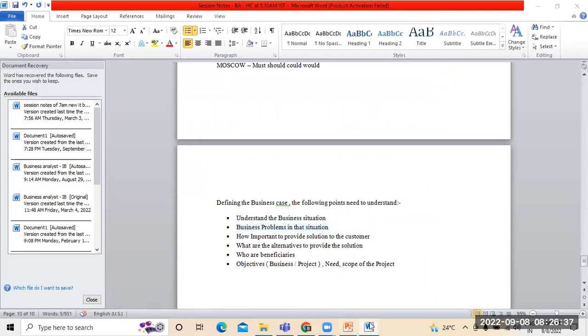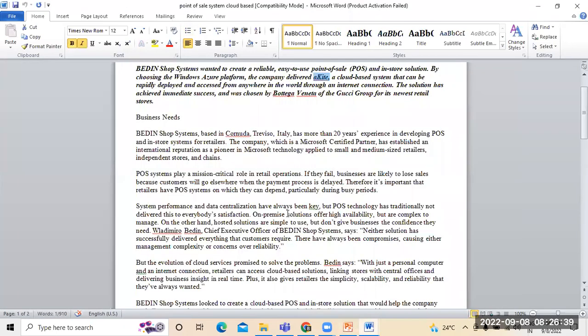If you want to study the business problems in the situation, in the case study, the third paragraph mentioned the information very clearly. What was that? System performance and data centralization have always been key, but POS technology has traditionally not delivered this to everybody's satisfaction.